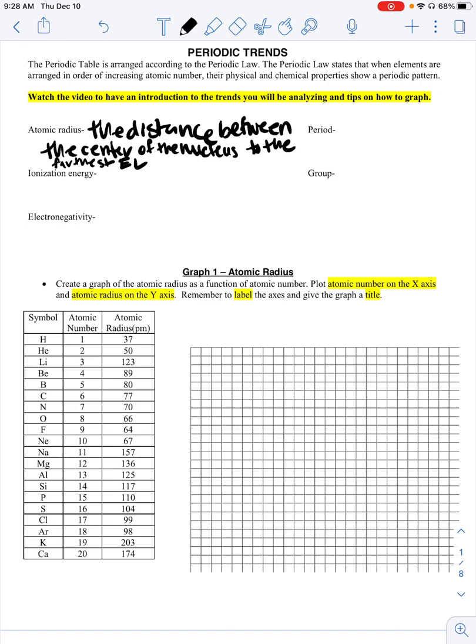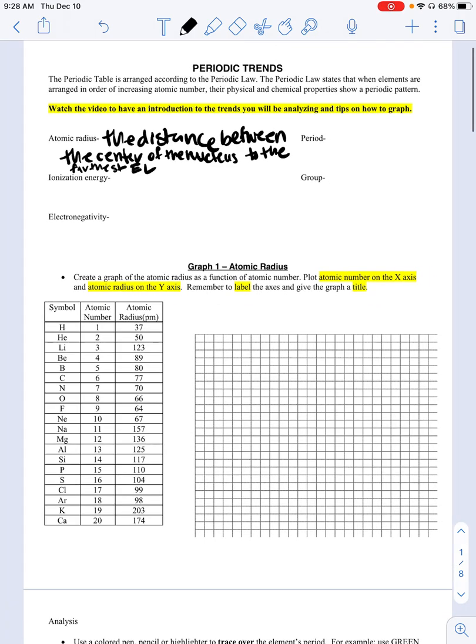Okay, ionization energy. This is the amount of energy it takes to steal an electron, specifically a valence electron. And our last one is electronegativity.